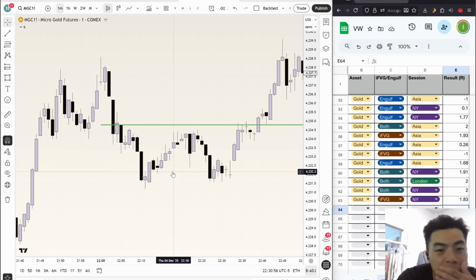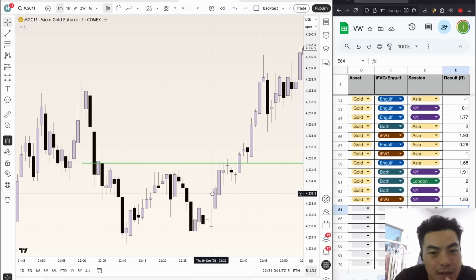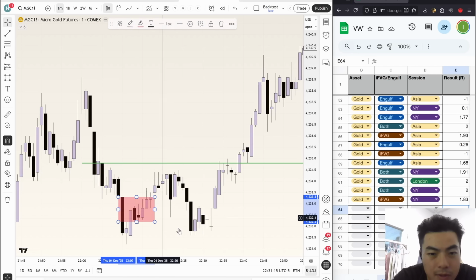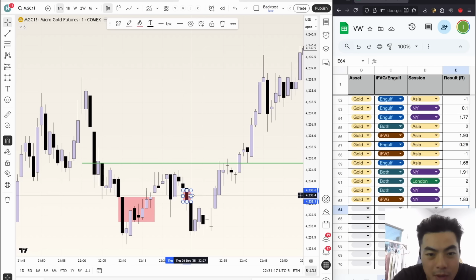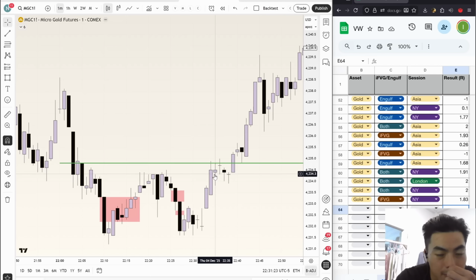Let's have a look at this one. Close below. Nothing yet, nothing yet. We do create a bunch of fair value gaps. Fair value gap, fair value gap, fair value gap. Yeah, so by the time we get here, we have a bunch of inverse fair value gaps.